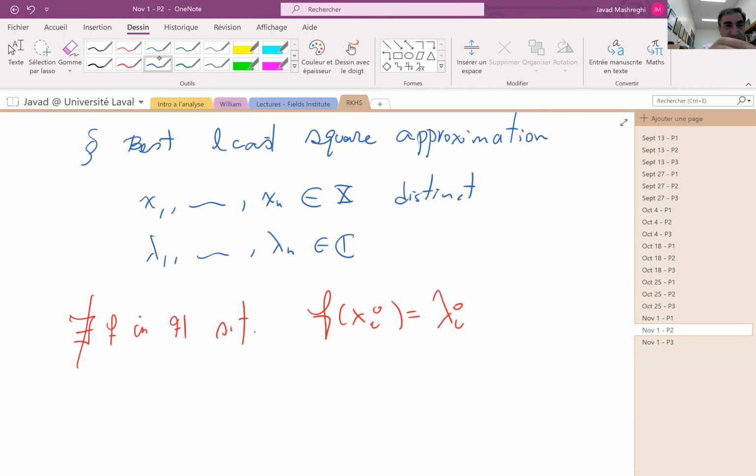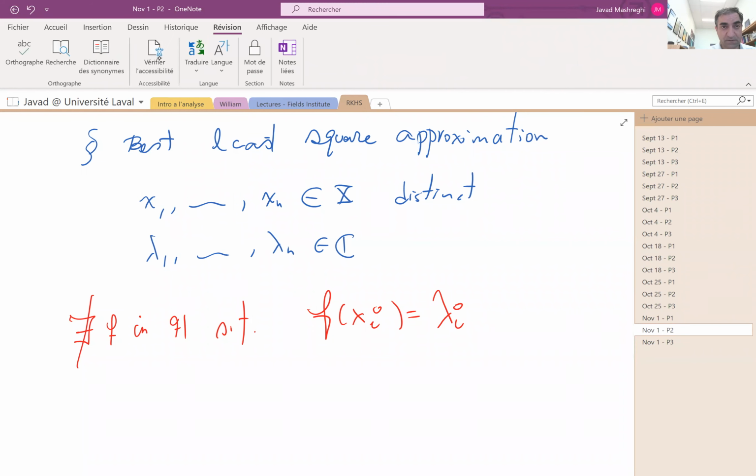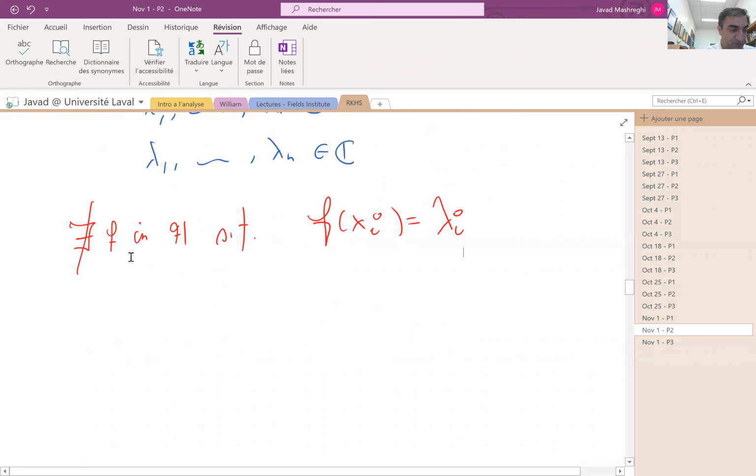But still we can ask this question. Consider the quantity, I think it's called J of f in the book.